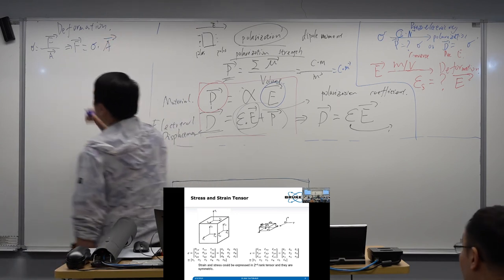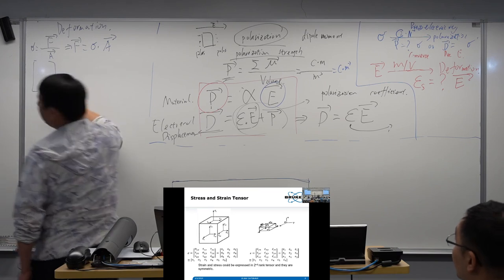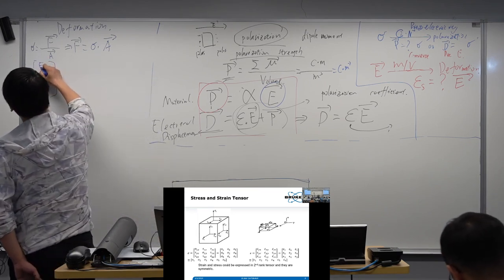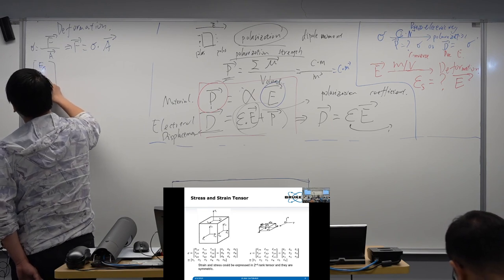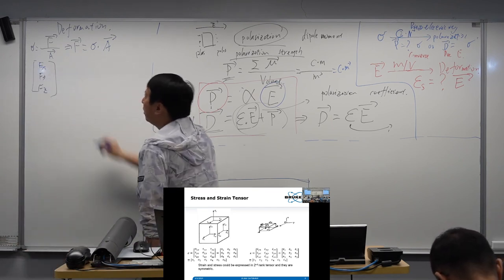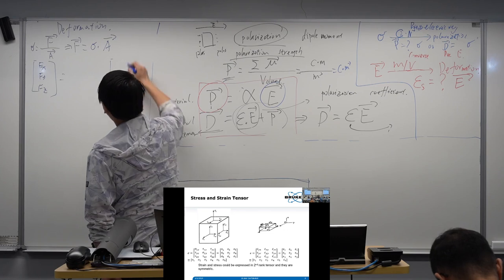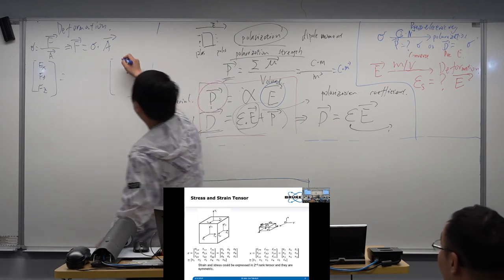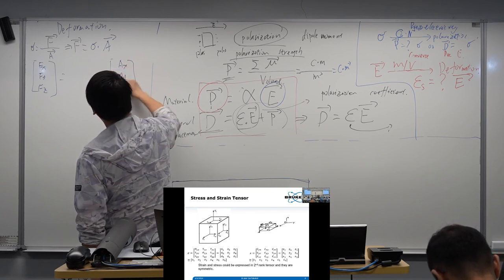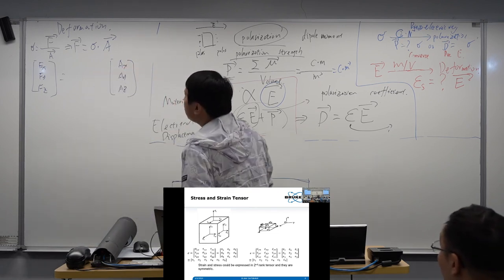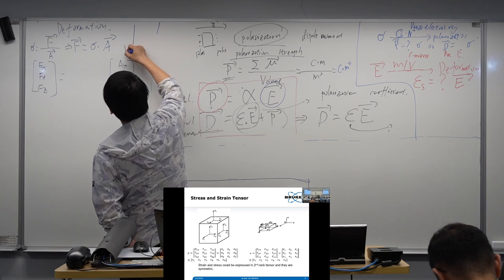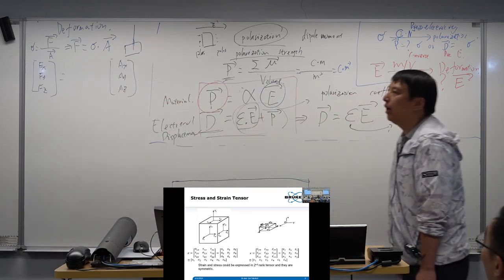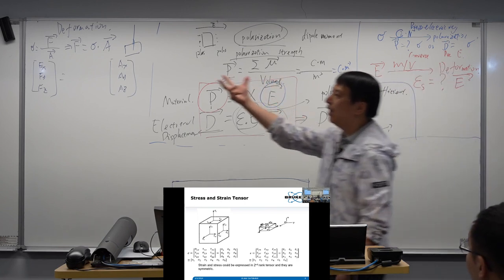So the F should have three components, Fx, Fy, Fz. And then our area should also have three components, Ax, Ay, Az. It just means the force does not need to be perpendicular to our area.